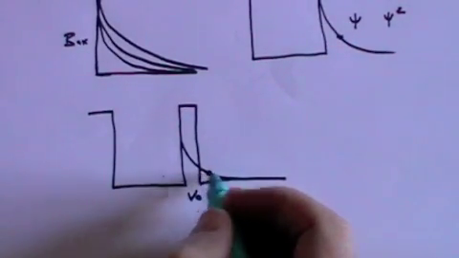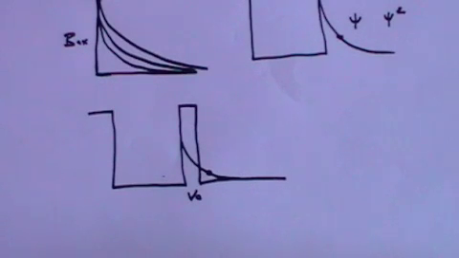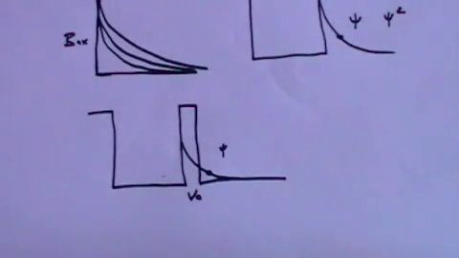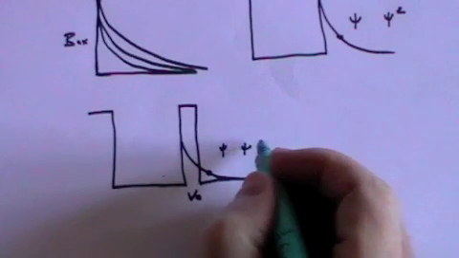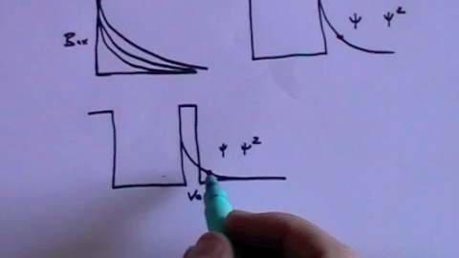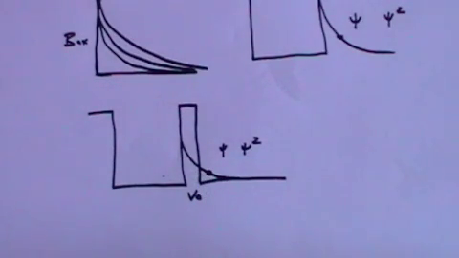Which means that when we get to here, once again, there is a small but finite wave function psi. And that again means there's a small but finite psi squared. But psi squared is the probability of the particle being at that point, outside the box.